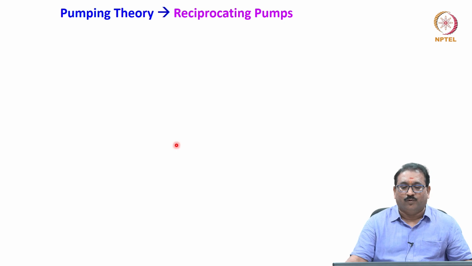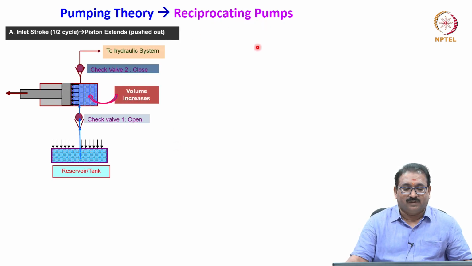So quickly I will show you the pumping theory in the reciprocating pumps. As we know, this is a simple piston pump. Here, in the half cycle, when the piston is moved from left to right, it draws the fluid through check valve 1. The path of least resistance is only this.